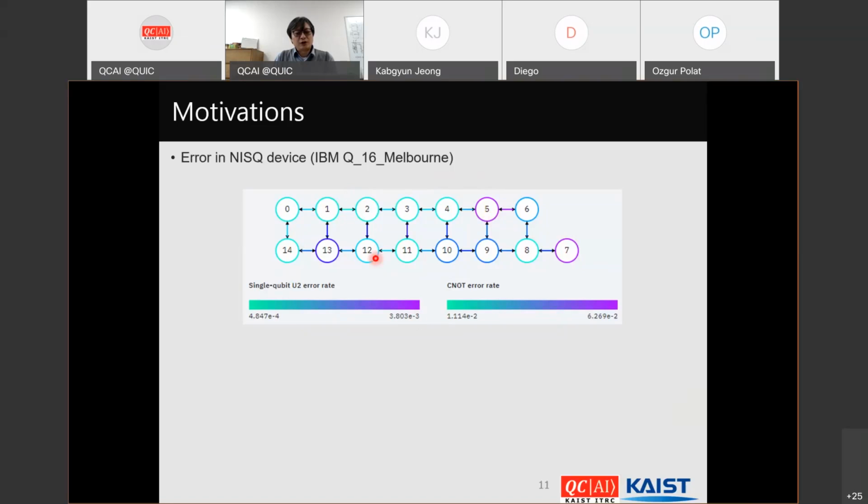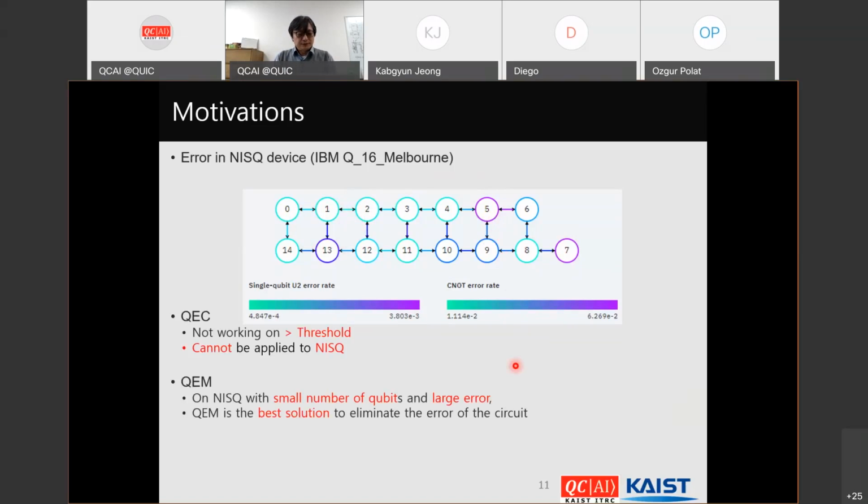Also, the 2 qubit case, represented here as the edges of the graph, has certain error probability distributions, like the CNOT error rate shown here. These can introduce a complex error in the system.